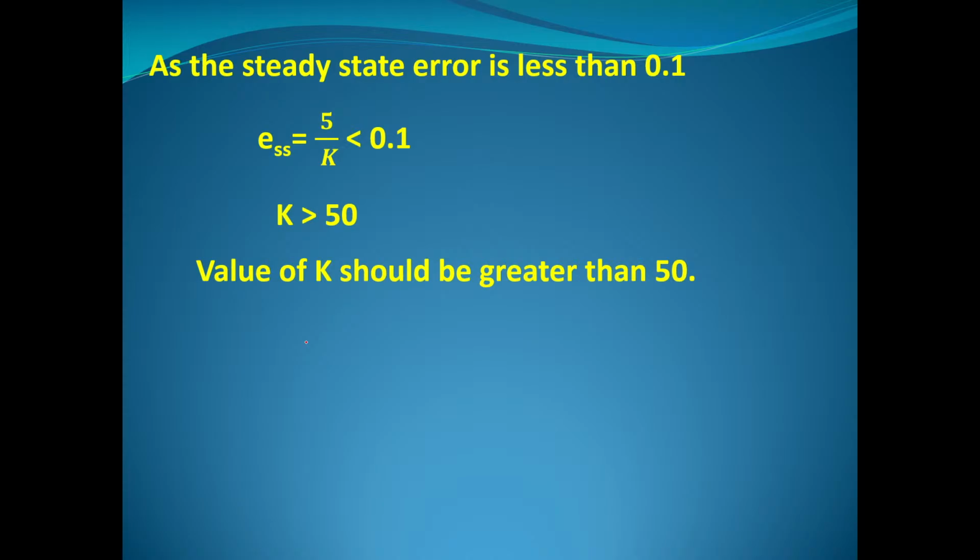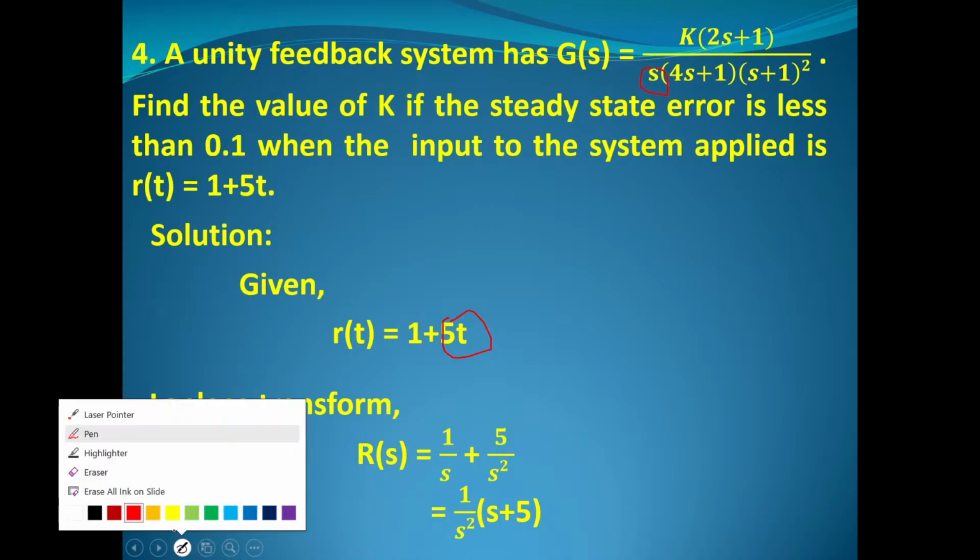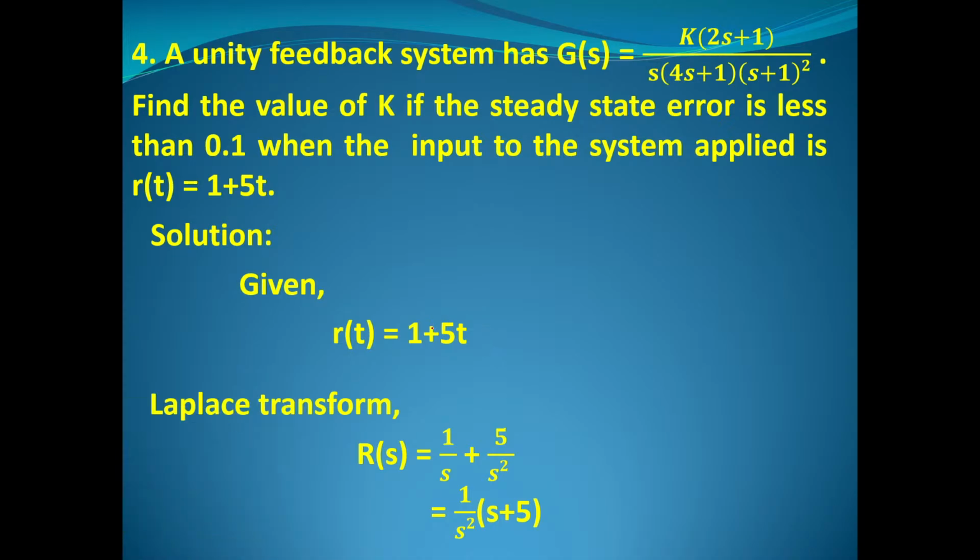So I hope you have understood this numerical problem. One twist that I did not consider, but you can consider: since it is a type 1 system, you can simply consider R of t. Instead of considering 1 plus 5t, you can consider only 5t. If you consider 5t, that is correct.